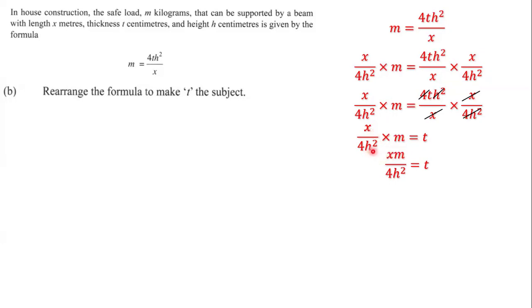And then we put that over 4H squared. So at the bottom we have 4H squared. So we have T is equal to XM all over 4H squared. And so we switch this equation. So we have T is equal to XM all over 4H squared. And this is the answer. So T is the subject of this formula.